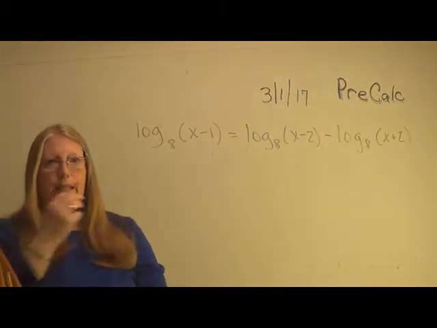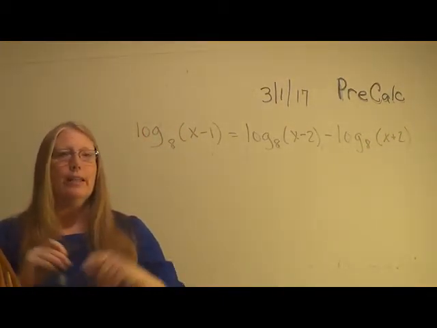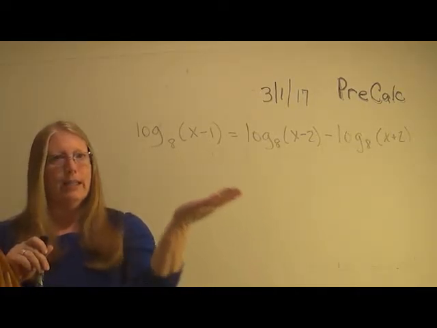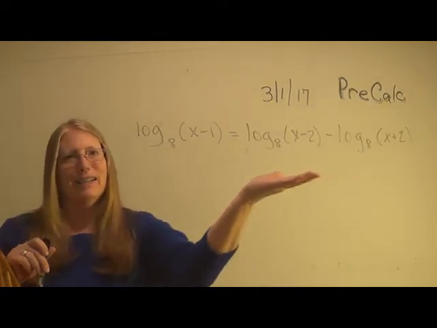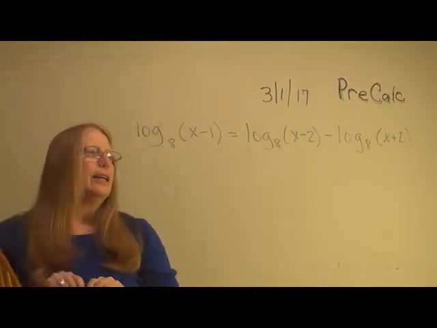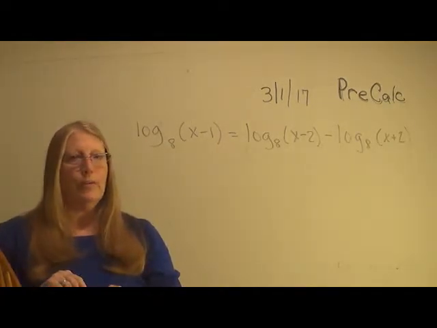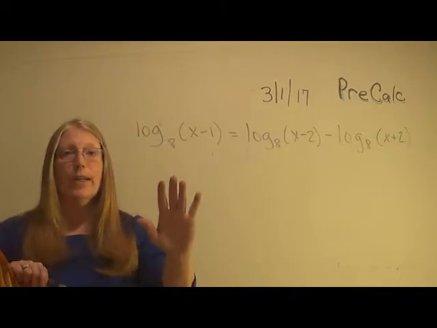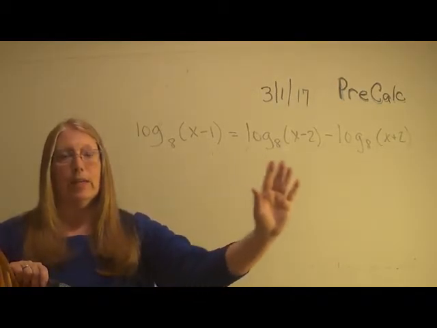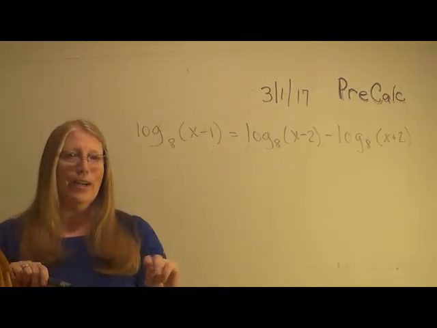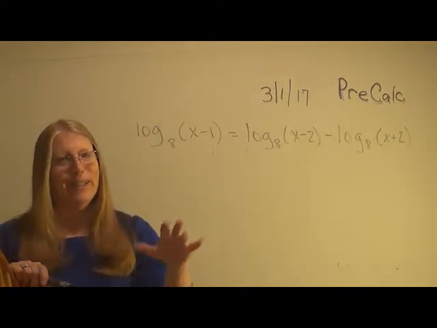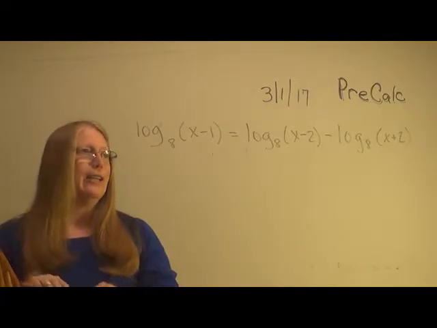Alright. That expression is a logarithmic equation, has 1 log on this side and 2 logs on this side. So I cannot work with it until there is 1 log on one side and 1 log on the other, or less than 1 log. So it can have 1 log on one side and no log on the other.